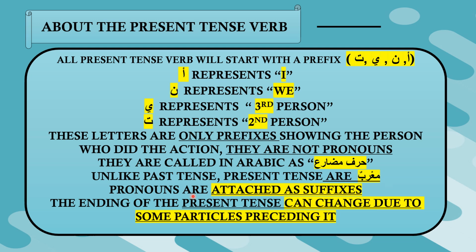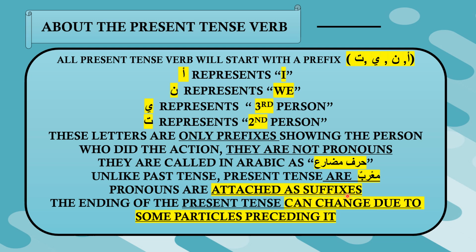And what about the pronouns in the Fel Mudaare? Now you understand that pronouns are attached as suffixes after the verb. What are the suffixes? Let's revise. In mutakallim, we have the hidden pronoun, and in the mukhatib, we have one hidden pronoun, that is from the anta male singular.